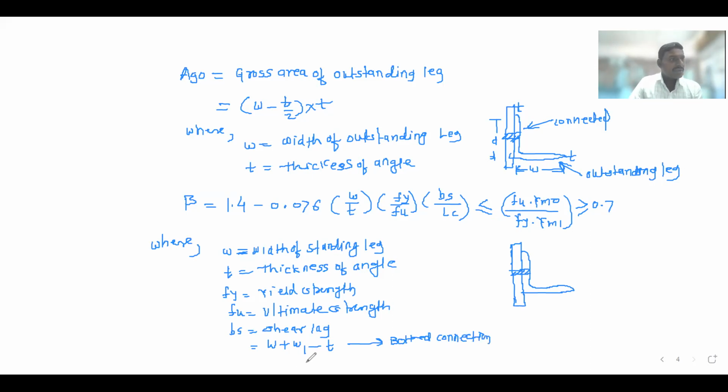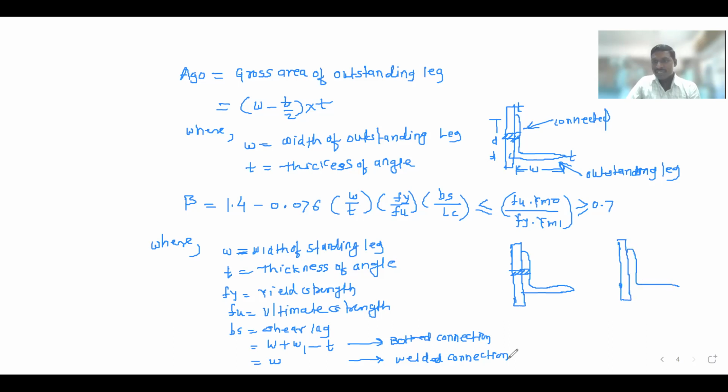You can see this formula on page number 33 of IS 800:2007, open the IS code. And Bs is equal to W for a welded connection. Please open page number 33.